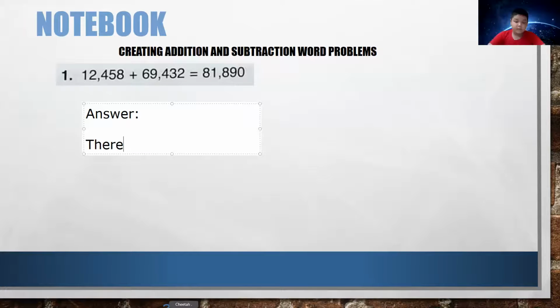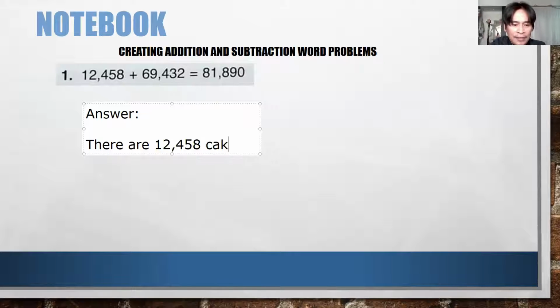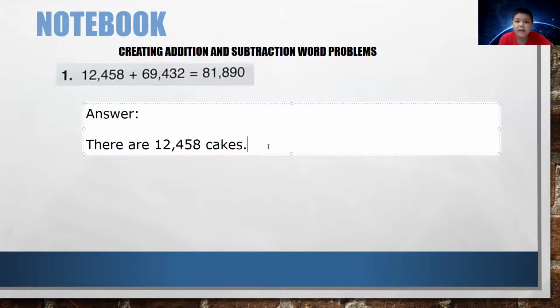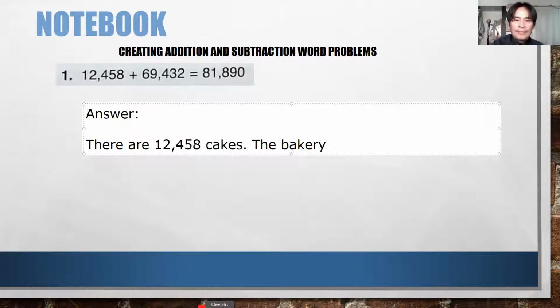There are 12,458 cakes. Second sentence: the bakery makes 69,432 cakes.